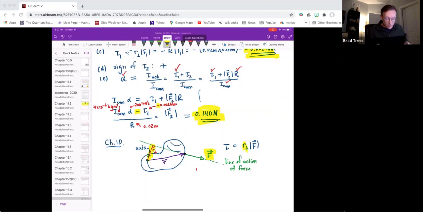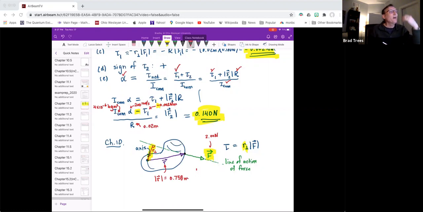Now, here's one way you might be given this as a problem. You might be told the magnitude of this force outright. Let's say it's 2 newtons, just to make something up. You might be told that the magnitude of R is some number. I'll make something up: 0.75 meters.